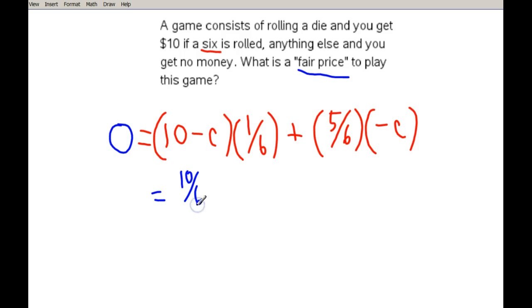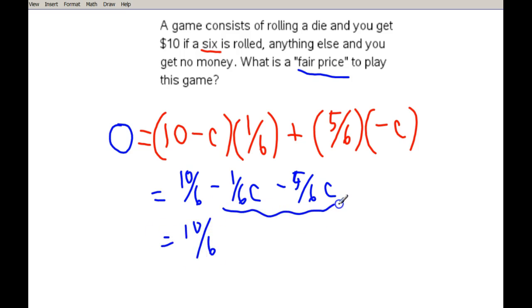So I might get something like 10/6 minus 1/6 C minus 5/6 C. So that works out to be 10/6 minus 1C, so I'm going to put it on this side and say C equals 10/6.